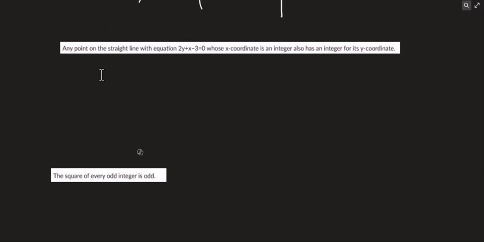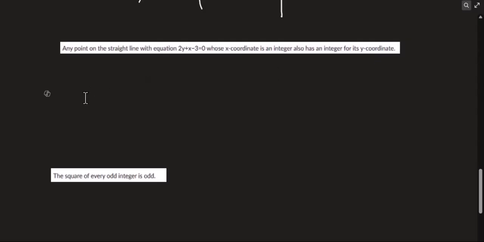Okay, now let's see how we can rewrite some statements in terms of if and then. So we have any point on the straight line with equation 2y plus x minus 3 equals 0 whose x coordinate is an integer also has an integer for its y coordinate.